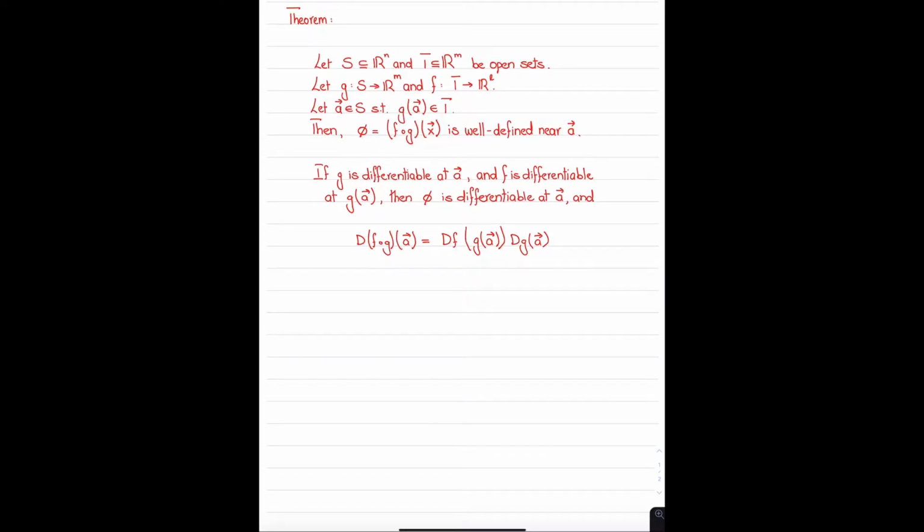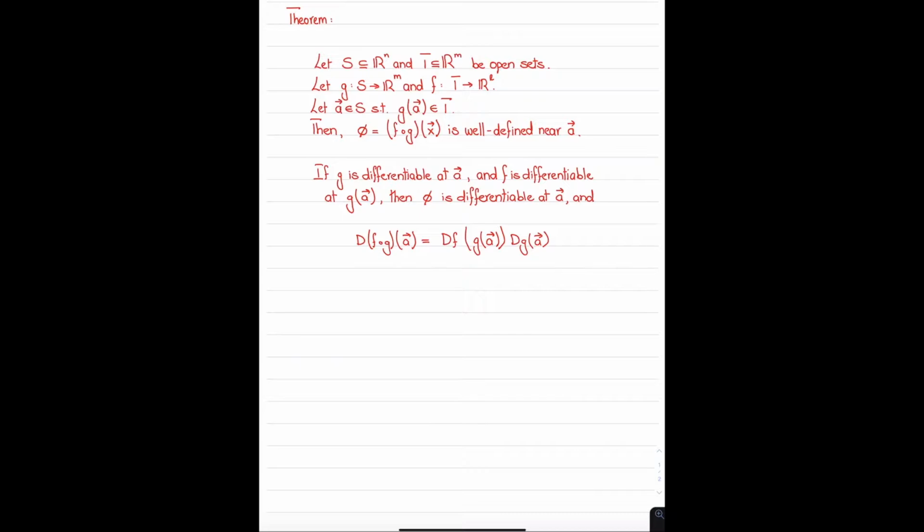So a few things that I would like to emphasize before we move on is the definition of differentiability. We are not going to use the definition that you typically learn in high school. That is not the definition we'll be using. We'll be using an equivalent definition.